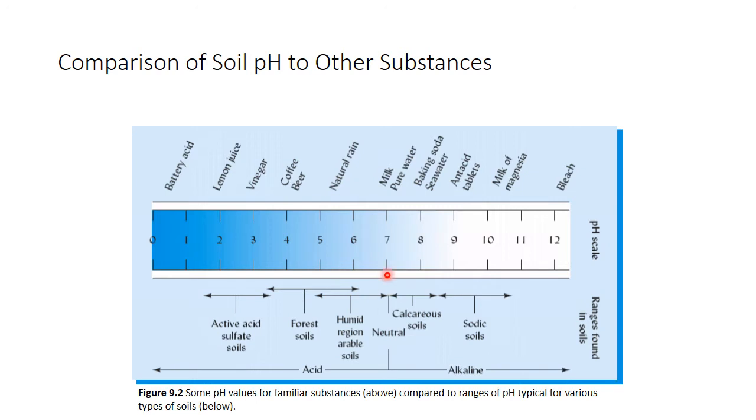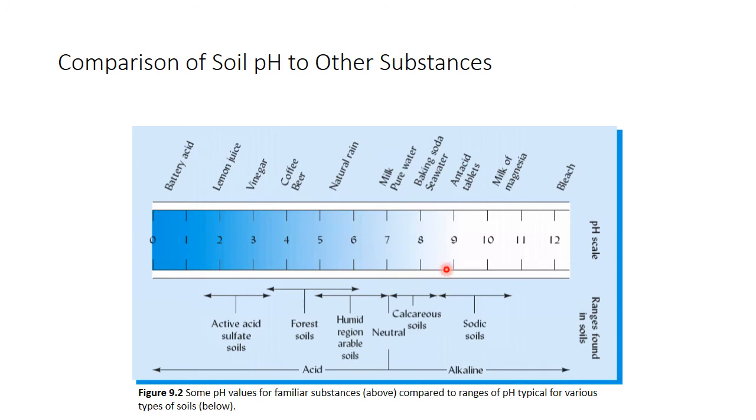As we get into just slightly acidic areas, we get into what would be humid region arable soils. Then at a neutral pH, pure water or milk has a pH of 7. As we move into drier regions, we get more calcareous soils and even sodic soils.